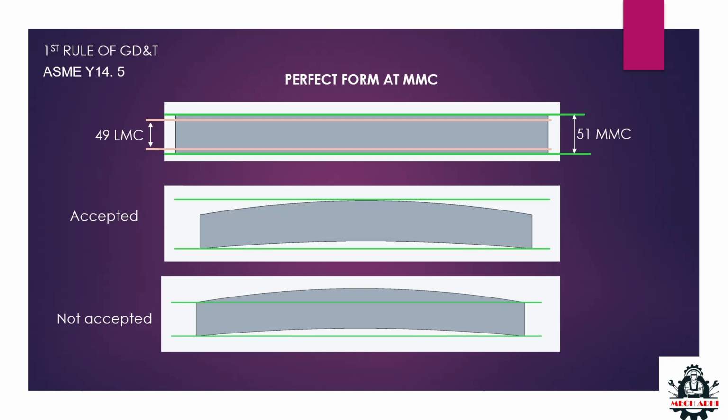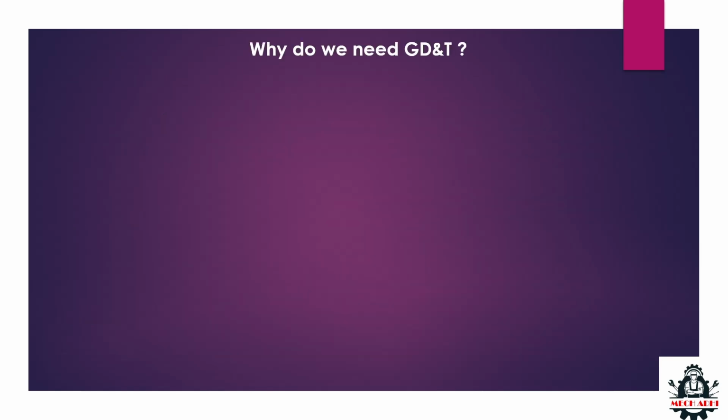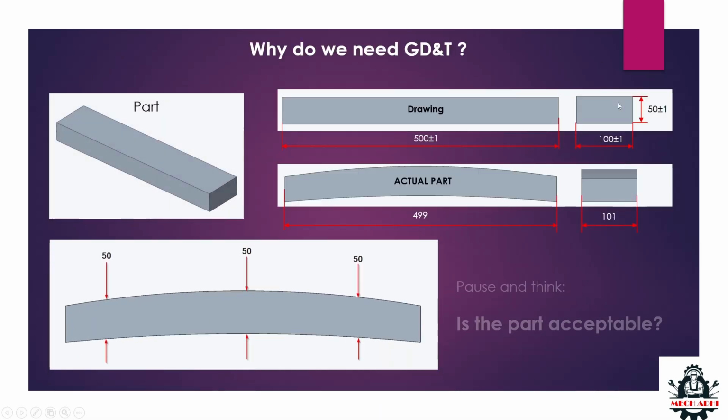MMC stands for maximum material condition, the dimension at which the part is the heaviest, and LMC stands for least material condition, where the part is the lightest. When we go back to our previous slide, this dimension 50 plus or minus 1 has an MMC of 51 and an LMC of 49.